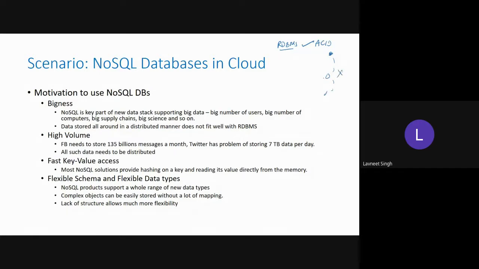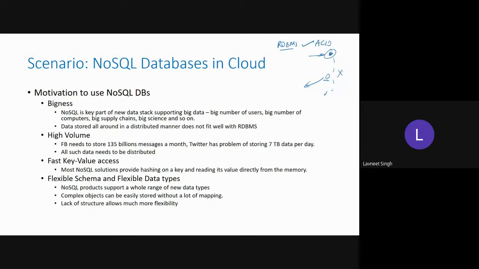Why? Because if the read happens from this location, then it will return different data, because the same table got updated in the previous node and it hasn't synchronized here still. So that is the break of this ACID property, right? You are saying from this node there is one state of the data, and from this node there is another state of data. That is not RDBMS then, right?